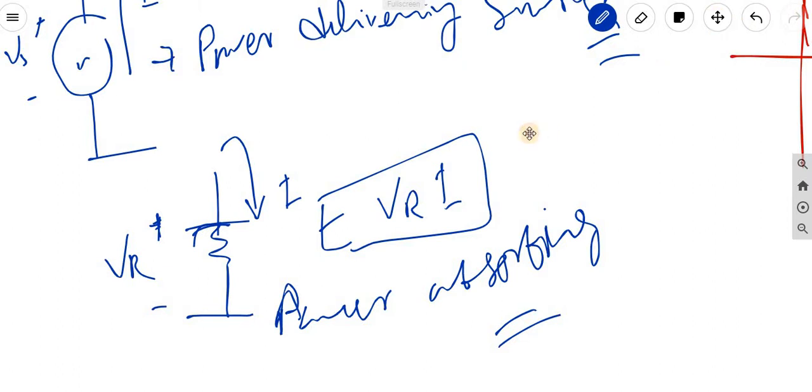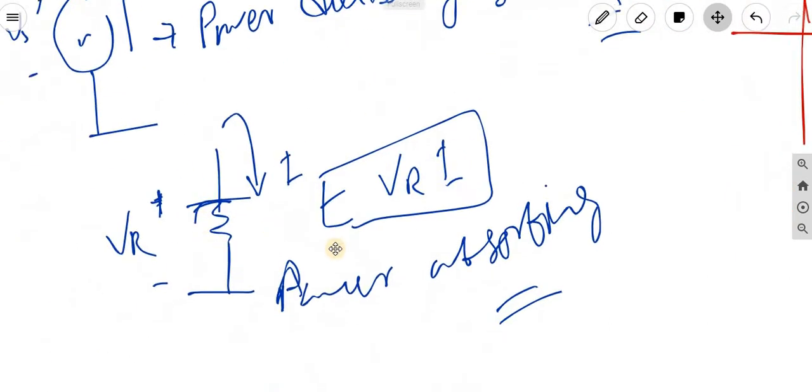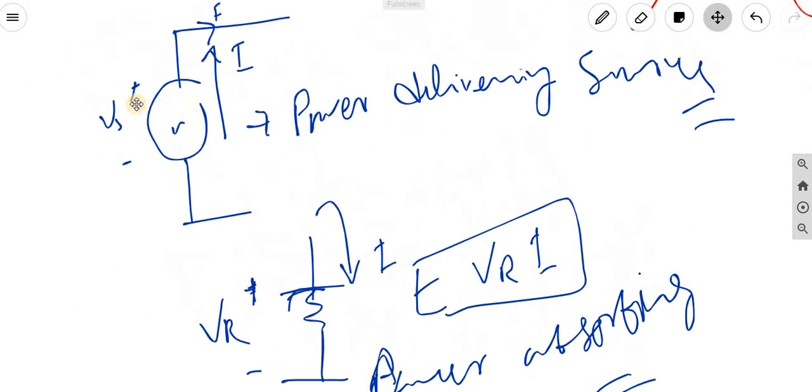Okay, so the power absorbing element and the power delivering element: in one case the power will be delivered, and in the other case power will be absorbed. This is the two concepts of power deliver and power absorb. So in these two cases you have to follow this. You have to take the polarity for a certain instant, because we know the AC is always changing.